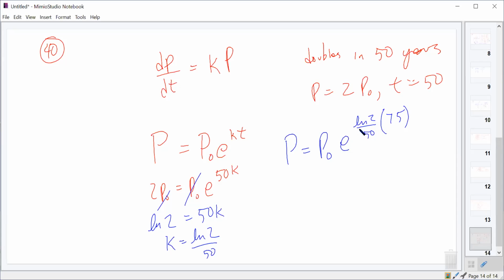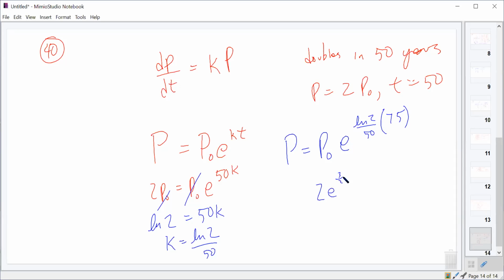What does that come out to be? This should become what? And you've got a calculator, right? Let's use the calculator if you want to. The final population is this, right? It's just 2e to the, what is that, 2e to the 3 halves?